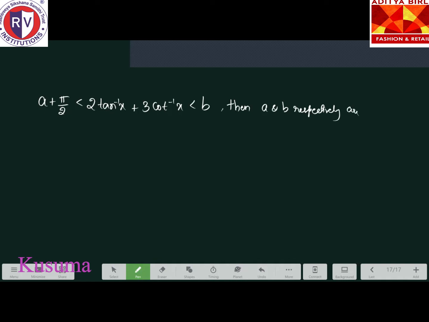So you have to find out what is the value of A and B. So first option it is given 0 and pi. That is A is equal to 0 and B is equal to pi. Option B is 0 and 2 pi. Option C is given to be pi by 2 and 2 pi. And option D is 0 and 2 pi.